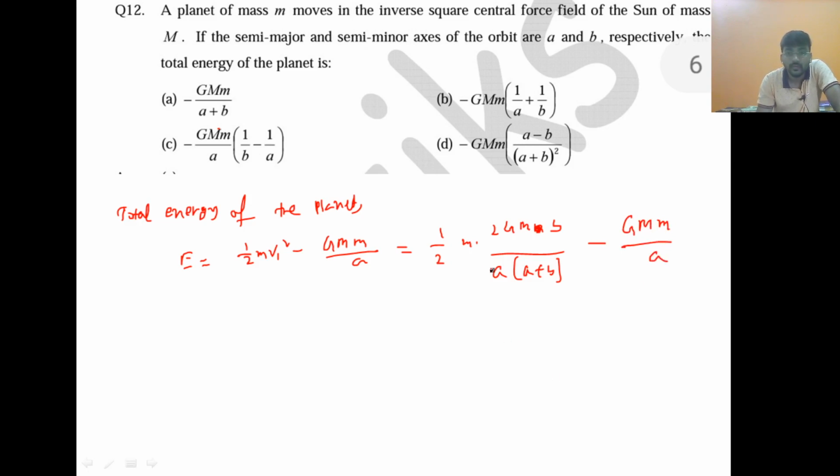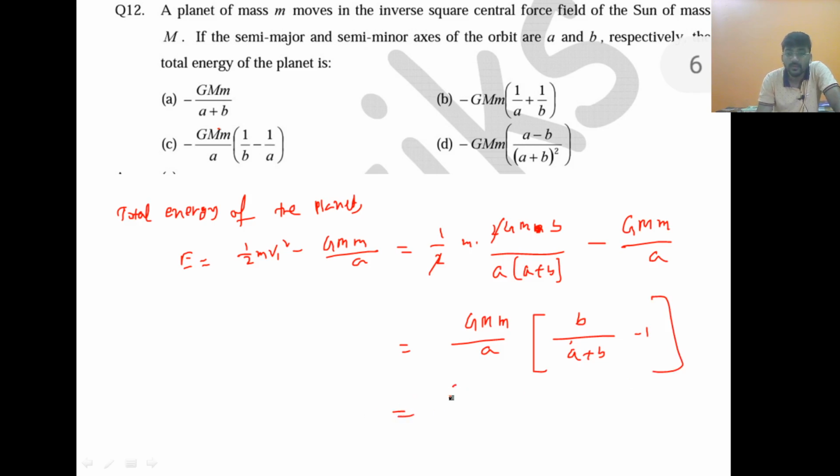So here also 2 will cancel out, so we can take common g capital M small m divided by a, that will be b divided by a plus b minus 1.